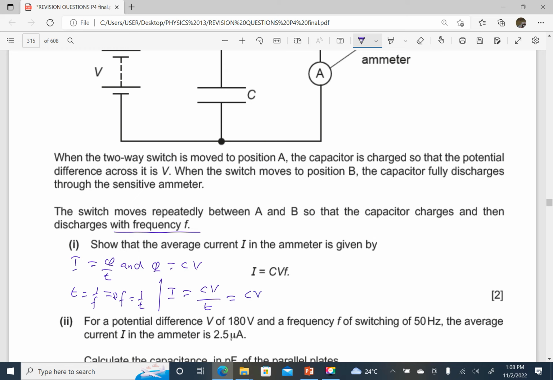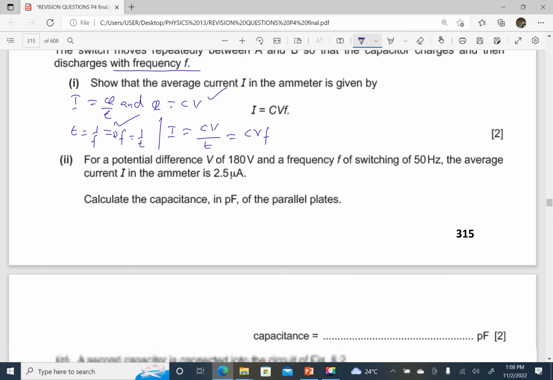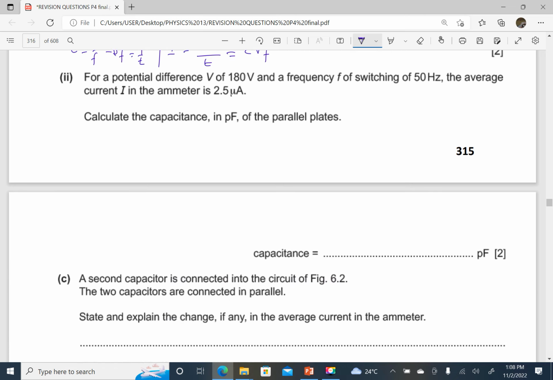For a PD V of 180 volts and a frequency F of switching of 50 hertz, the average current in the ammeter is 2.5 microamperes. Calculate the capacitance in picofarads.